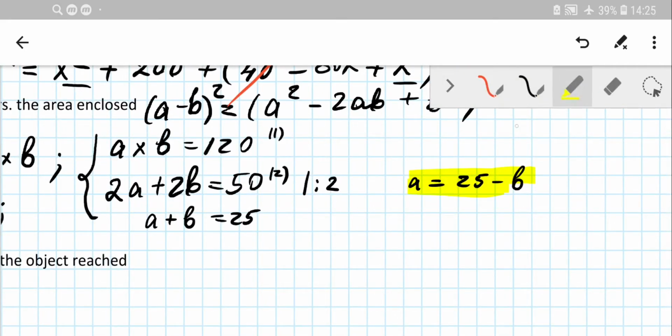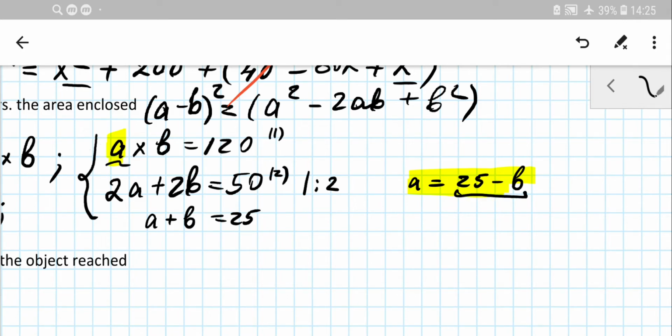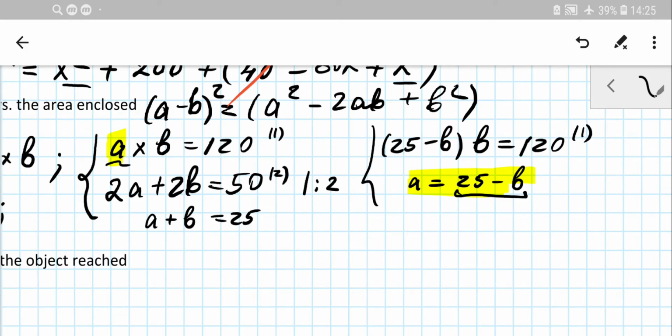You can also use another method, which is called elimination. In substitution, you put the right side of the expression for a instead of a. So you'll get 25 minus b, times b, which is 120. Now you simply solve this equation. You're left with one variable b, whereas before you had both a and b.